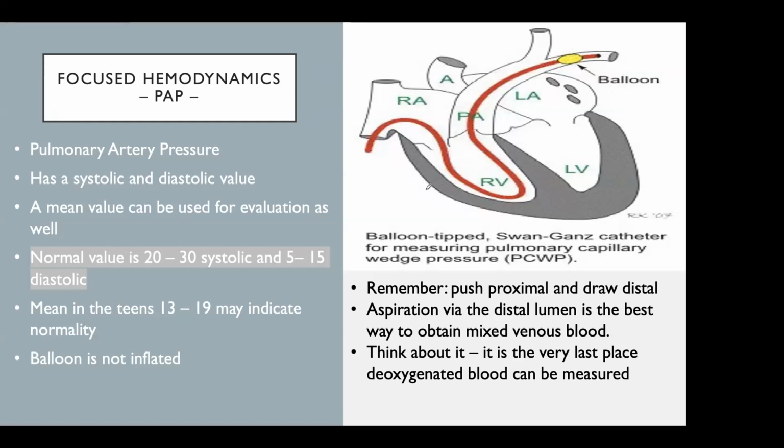So this is the very last place the blood can be measured, and it will give you a more accurate representation of oxygen consumption and even cardiac function overall. So remember, push proximal, draw distal, and if we aspirate via the distal lumen, this is the best way to obtain a mixed venous blood sample.